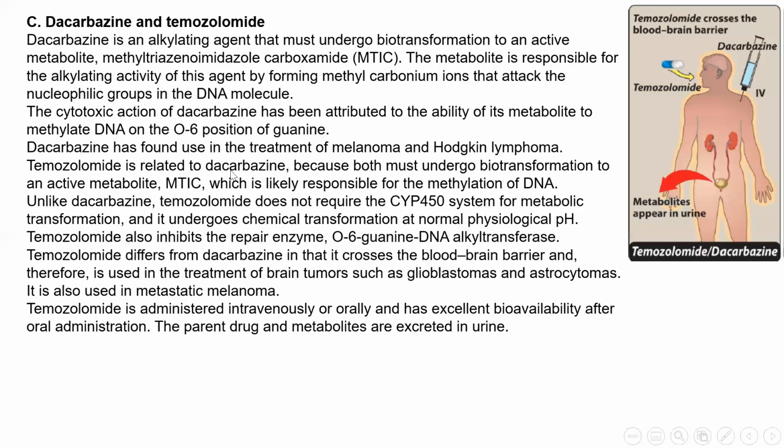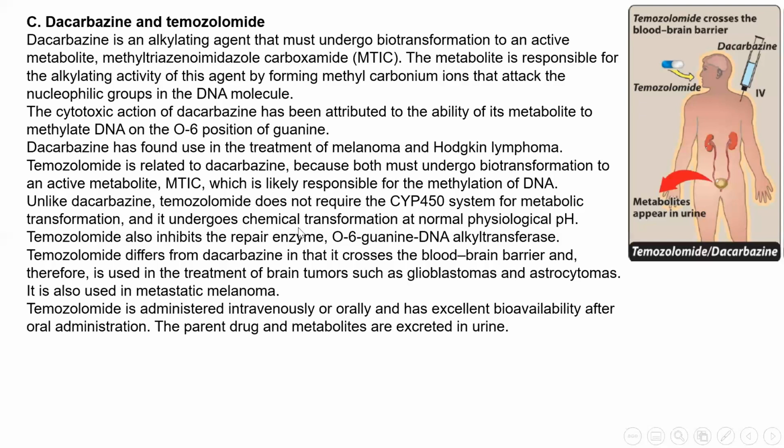Temozolomide, as we said in the beginning, is related structurally to dacarbazine. Both of them, as we said, have to be transformed to this active metabolite, MTIC, and this one is responsible for the methylation of DNA. However, temozolomide does not require cytochrome P450 for this transformation.